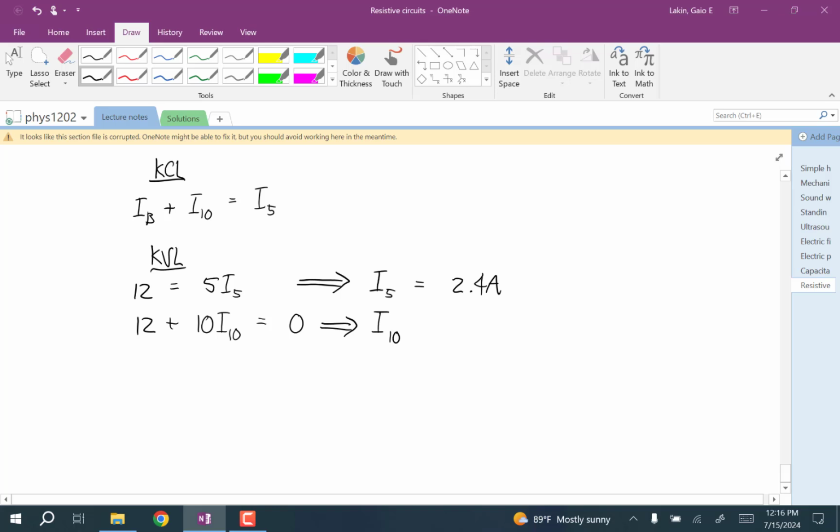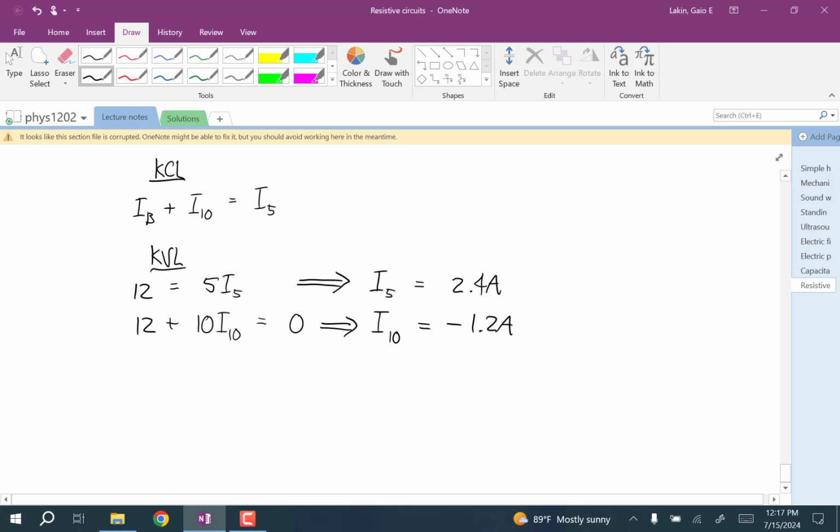Now here's where that mistake shows up. I10 is going to give us a negative value. So I10 is equal to negative 12 divided by 10, which is negative 1.2 amps. And so that negative tells us our answer has a magnitude of 1.2 amps, and it goes the opposite direction of what we drew.